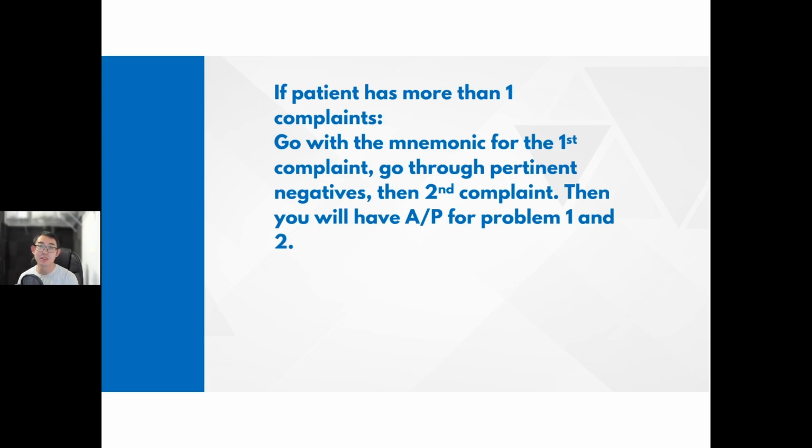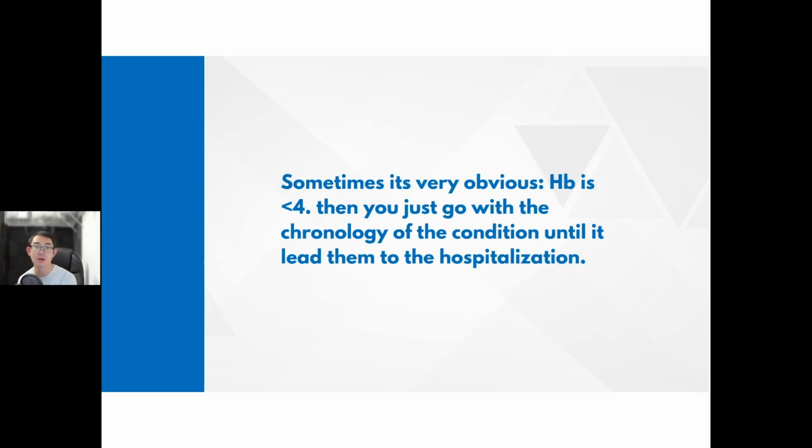Now, some things to keep in mind. If the patient has more than one complaint, you wanna go with the first complaint first, describe everything, go through the pertinent negatives, then you go on to the second complaint, and then once you get to the end, you're gonna have an assessment and plan for problem one, and then an assessment and plan for problem two, and then you go in order of acuity and severity.